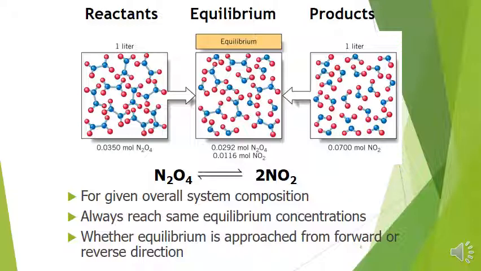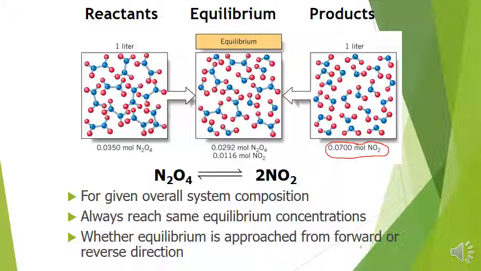So for a given overall system composition, you always reach the same equilibrium concentrations, whether equilibrium is approached from the forward or reverse reaction. Let's say you started out with just your product, 0.07 moles in 1 liter.